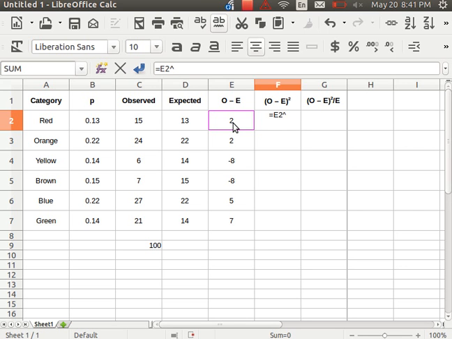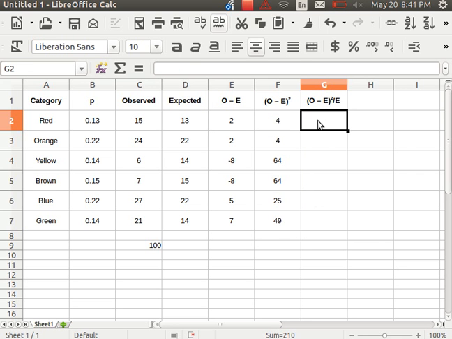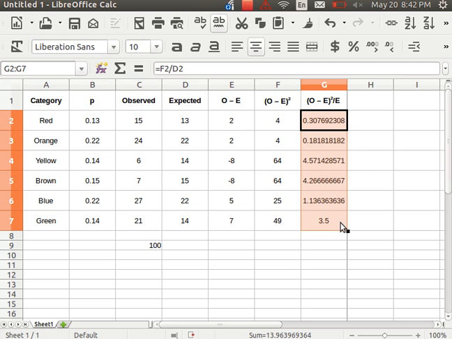You get that caret by Shift 6, and that tells you to raise the cell to the second power. So drag this down, and finally take each of those in my O minus E squared column and divide that by the expected column. I'm going to drag that down over the rest of them.